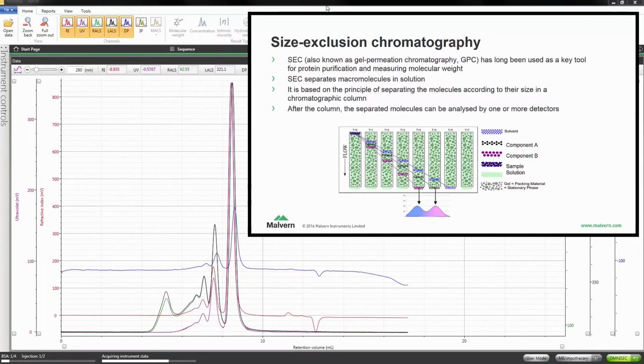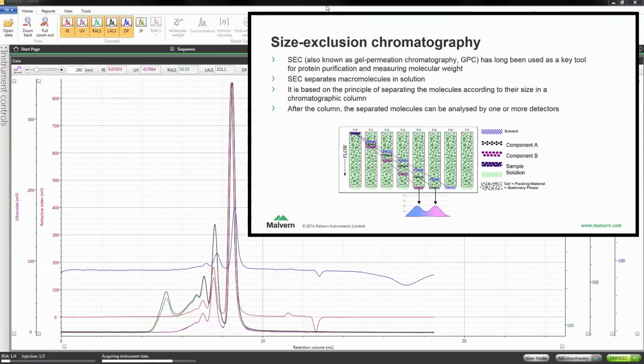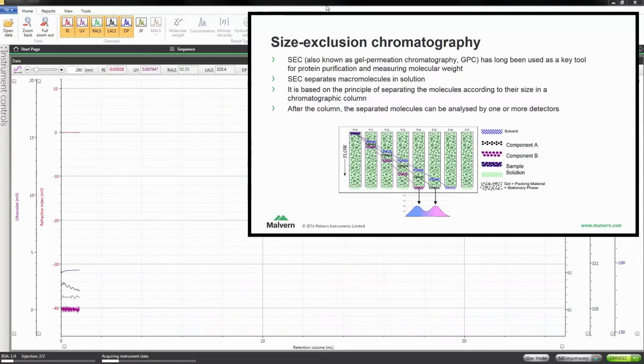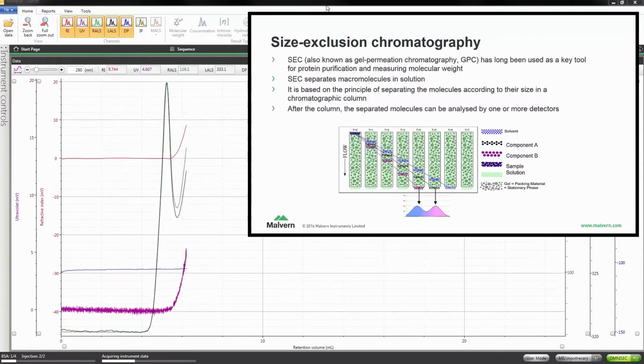As they move through the column under an isocratic mobile phase, the same continuous mobile phase, we should see a separation of our protein molecules according to their physical size. The larger molecules elute first, while the smaller molecules elute later and later. So we should end up with a size-based separation of our different populations.